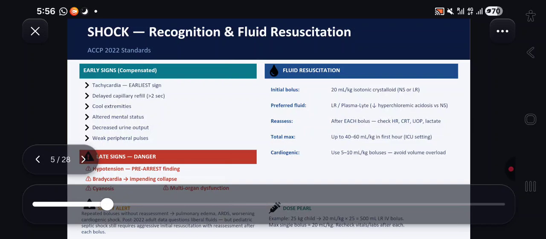Here you can also catch another mistake that happens in the PICU: they are providing the patient with bolus after bolus and monitoring the general parameters of perfusion without reassessing the patient's fluid response.